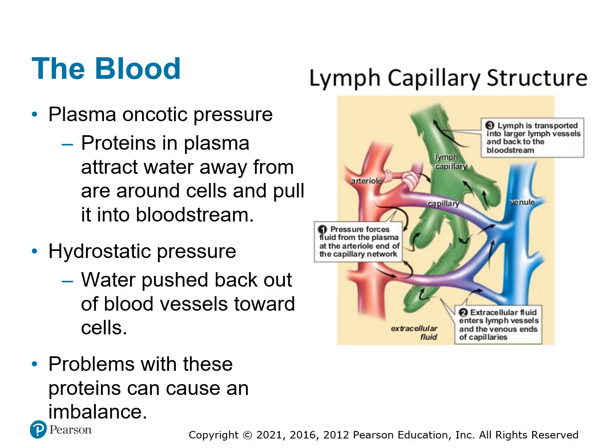Hydrostatic pressure will push it back out of the blood vessels towards cells. So this pressure kind of keeps the water flowing back and forth to maintain hydration. If we have problems with any of these proteins, there can be an imbalance in the water and the pressures.